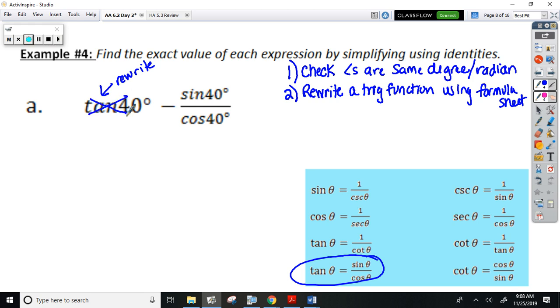So get rid of this and change it to sine 40 over cosine 40. This is equivalent, so we're not changing the value, we're just changing the way it looks. Again, think of equivalent fractions. 1/2, 3/6. Same thing, different look. Now, because this looks exactly like that, I'm not going to change it. I'm going to leave it like it is.